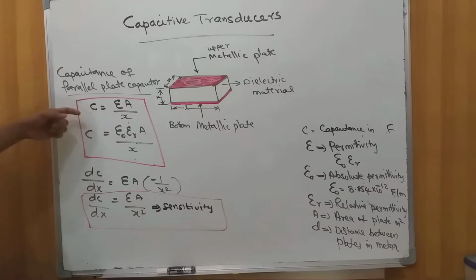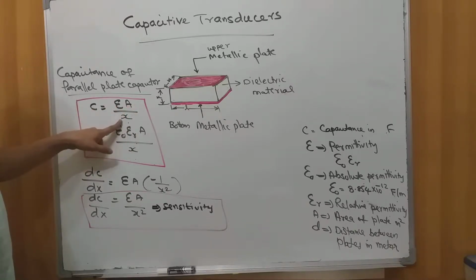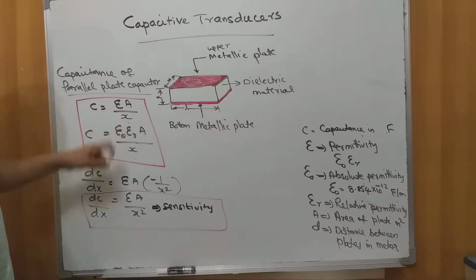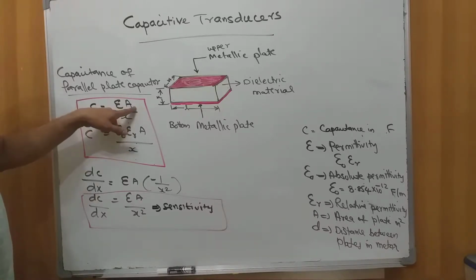As per this definition, we can see that C is directly proportional to A, the area of the plate, and inversely proportional to the distance between them. So there are two possibilities if you want to change the capacitance. One way is to change the overlapping area between the two plates.